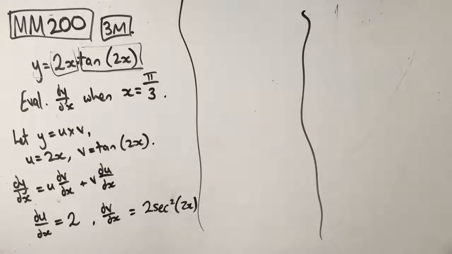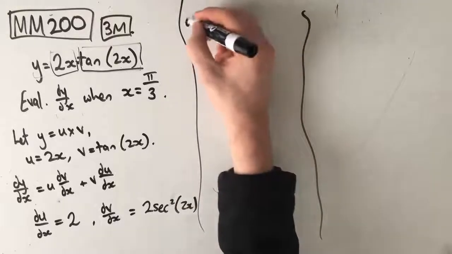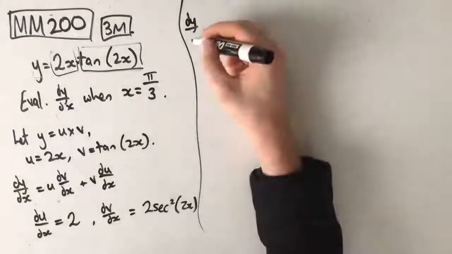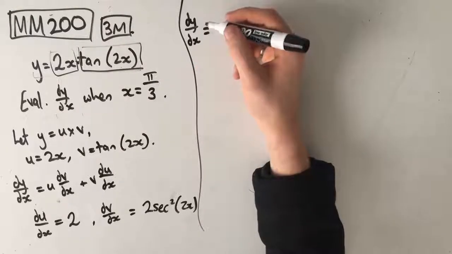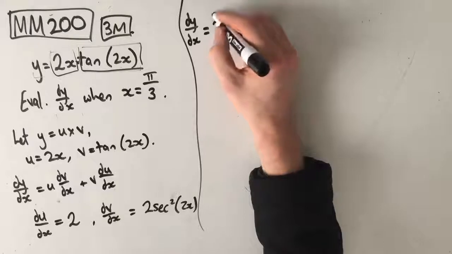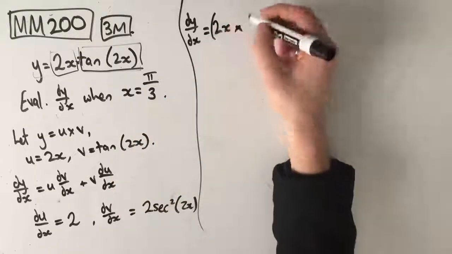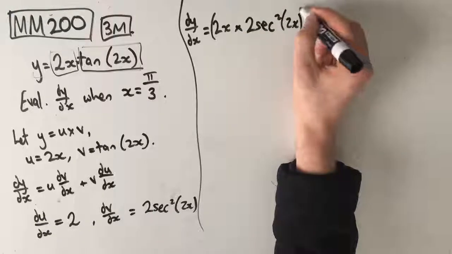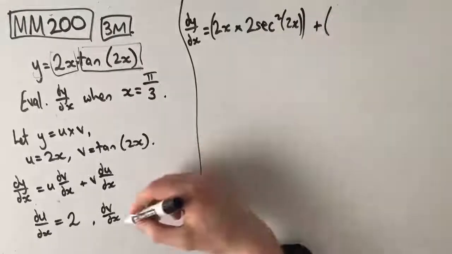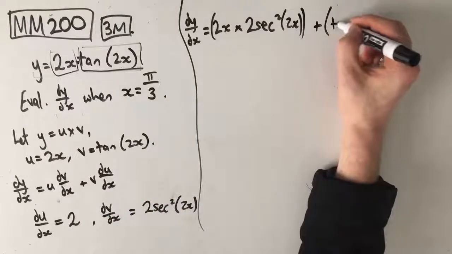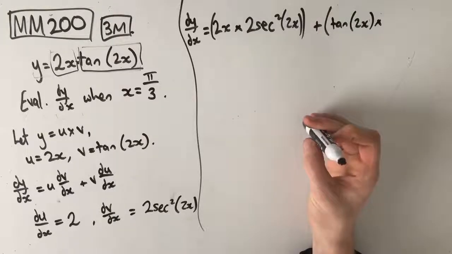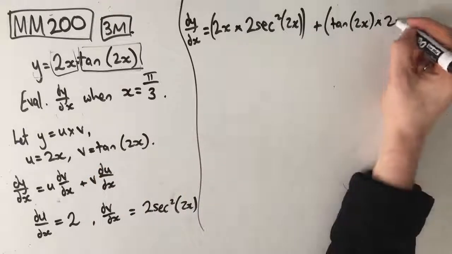So, what do we do now? Simply sub in our values. So we know that dy/dx is equal to u, which is 2x, times dv/dx, which is 2 sec squared 2x, plus v, which is tan 2x, times du/dx, which is 2.